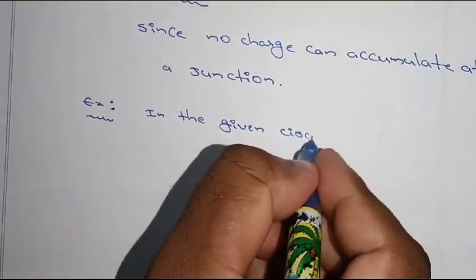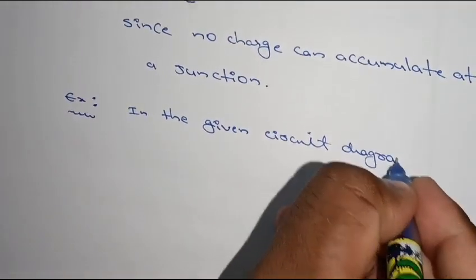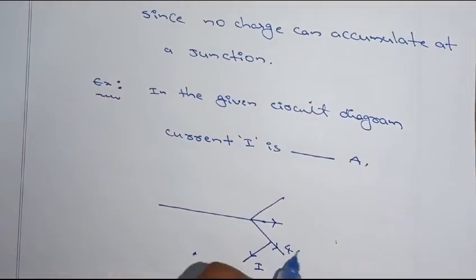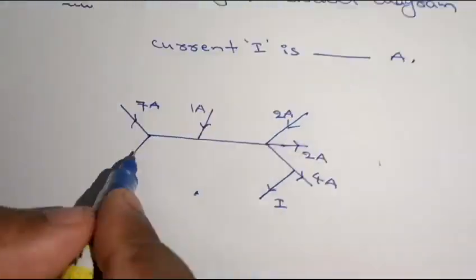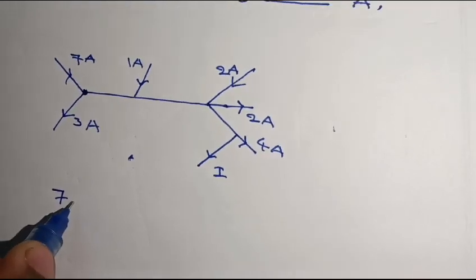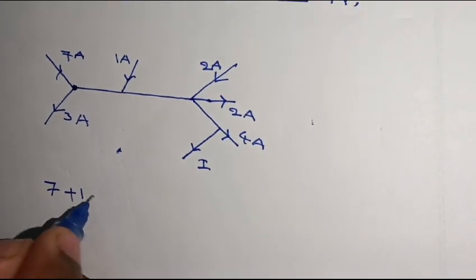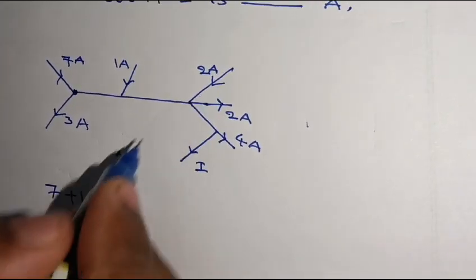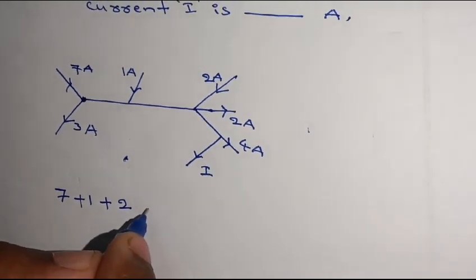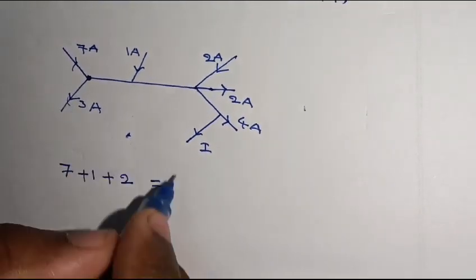For example, in the given circuit diagram, find the current. In this circuit diagram, 7 amps current is approaching the junction, plus 1 amp current approaching the junction, plus 2 amps current also approaching the junction, is equal to the current leaving the junction.